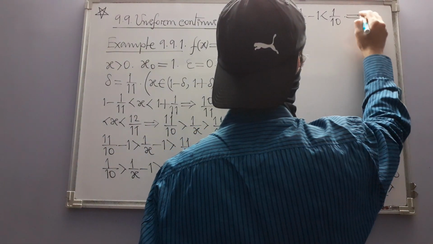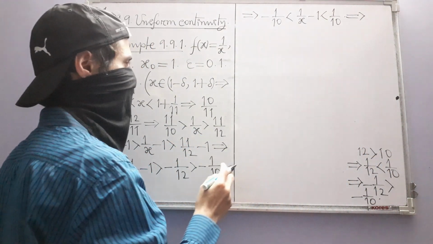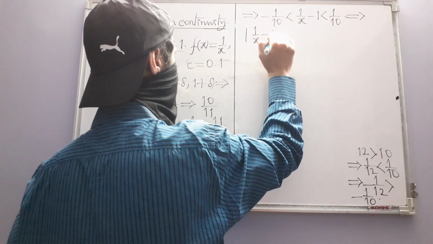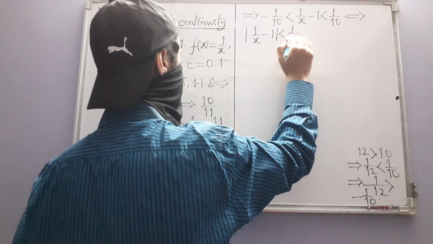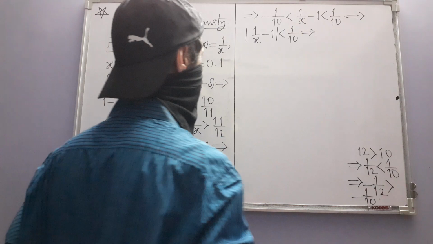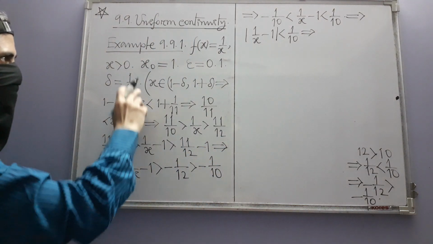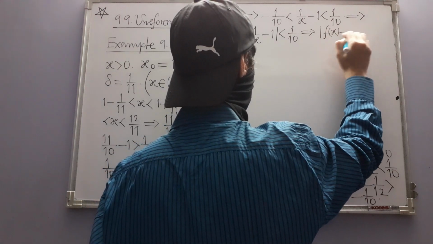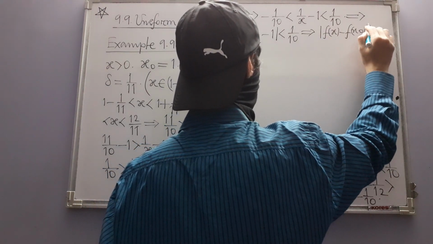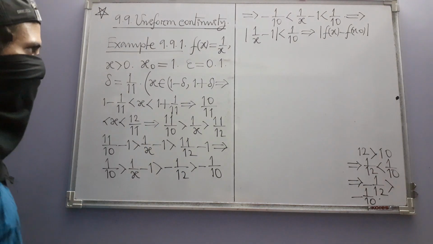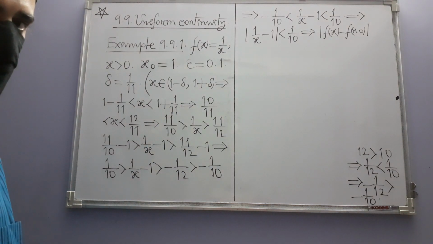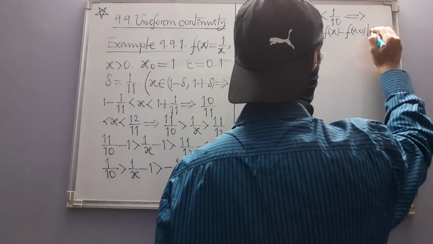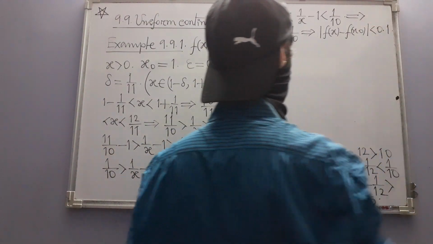Now, if we write in place of these inequalities a single one but using absolute value, that gives us this. And remembering what these things are, we have simply got this: f of x naught is 1, the reciprocal of 1 is 1, and 1 over x is the definition of f(x), and this of course is 0.1.